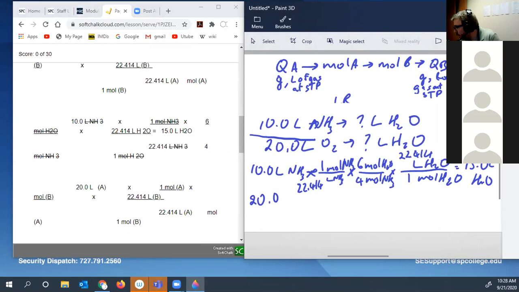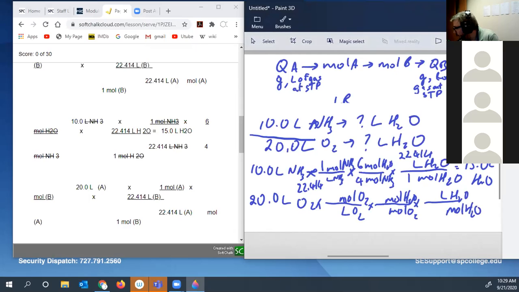And we're starting out with 20.0 liters of O2. And again, we'll have moles of O2 over liters of O2, and then we'll have moles of H2O over moles of O2, and then we'll have liters of H2O over moles of H2O. And again, we plug in our numbers. 1 mole of O2 is 22.414 liters.